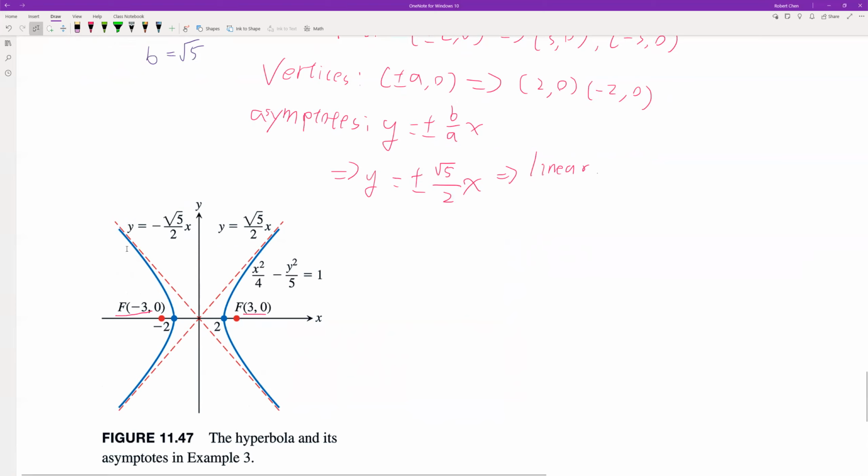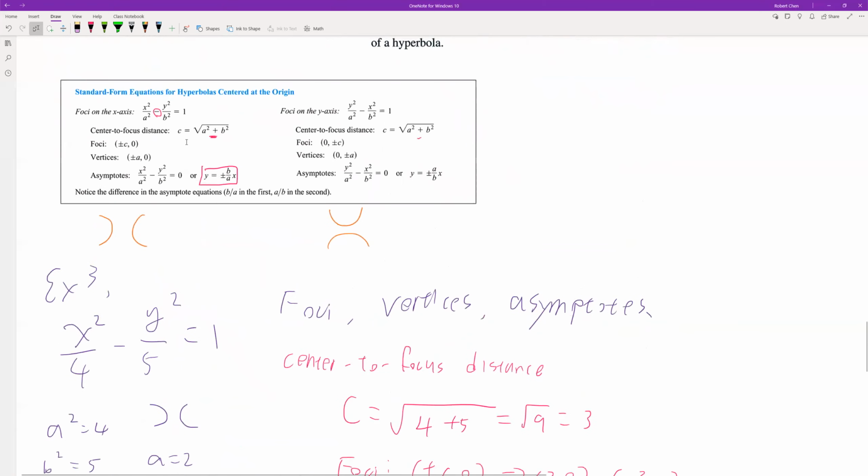These two red dashed lines are our asymptotes. These are the two lines that our hyperbola has to be bounded by; it can never cross these dashed lines. That gives you an idea how wide or narrow your hyperbola is going to be, and that's determined by the asymptotes. Basically everything you need is in this table of formulas.